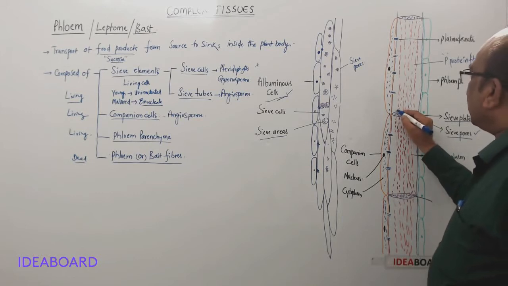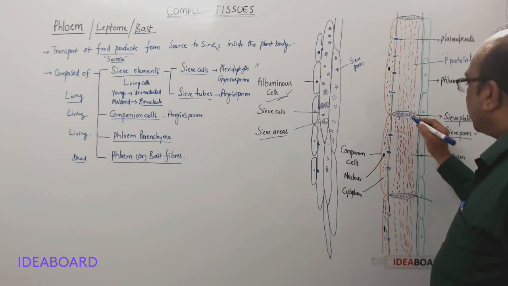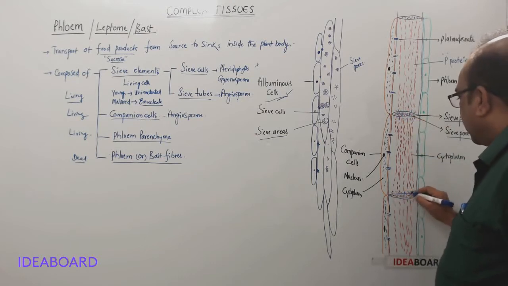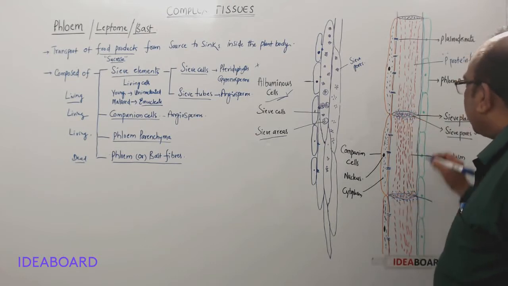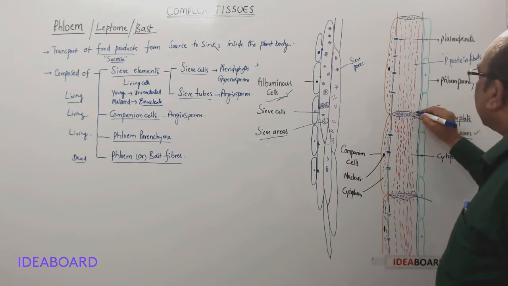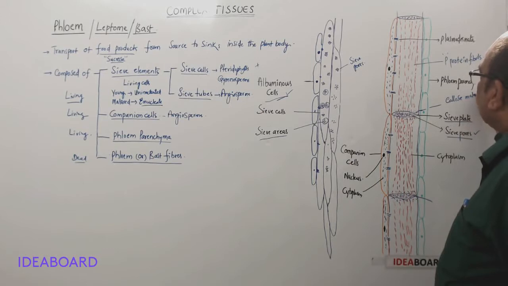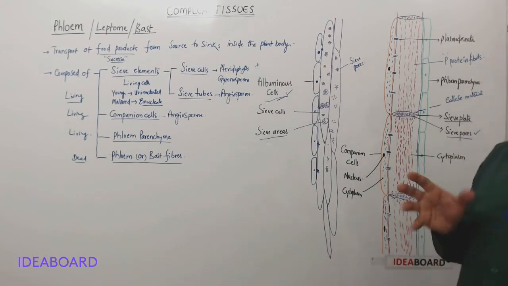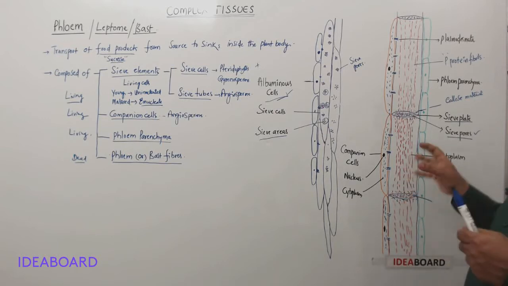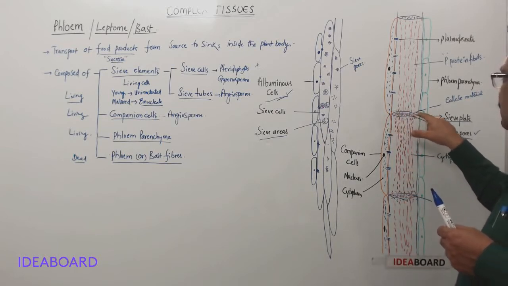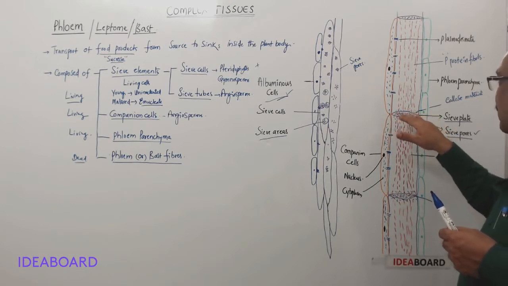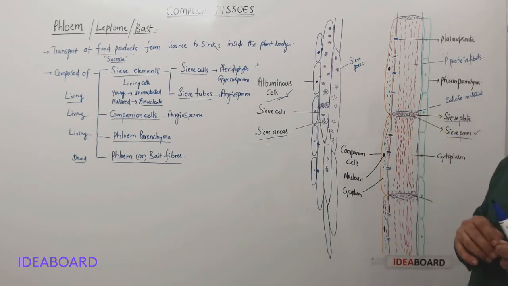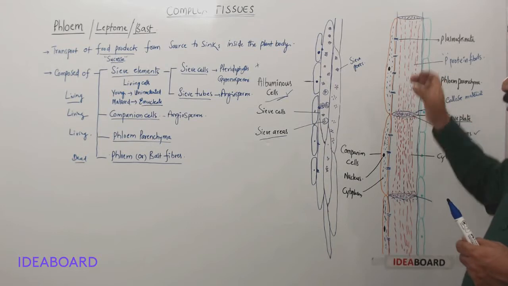And one more thing, you will find some amount of a soluble material, and this material is called callose. This callose will accumulate during the winter season. Whenever it accumulates on the sieve plate during winter, it blocks the sieve pores, and because of which the transport will be blocked.